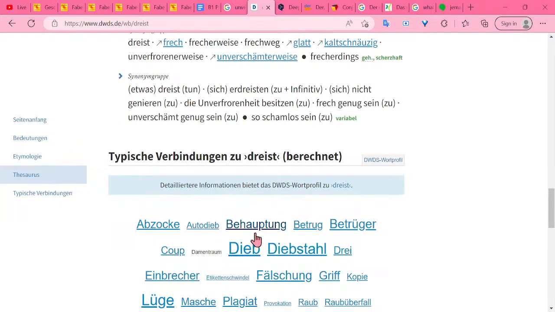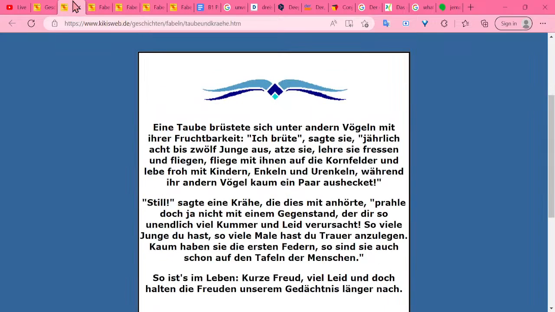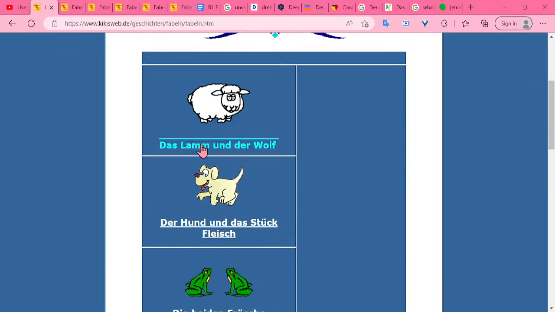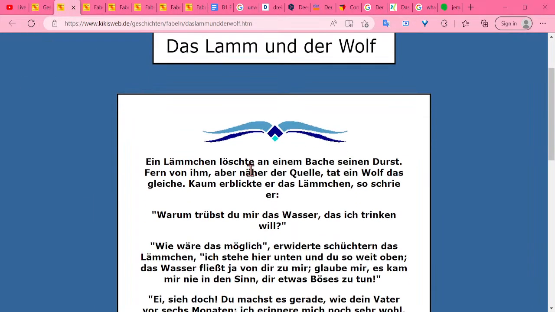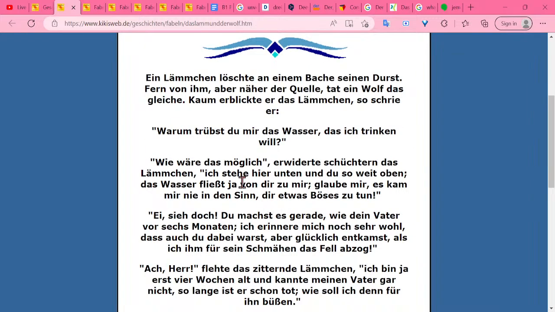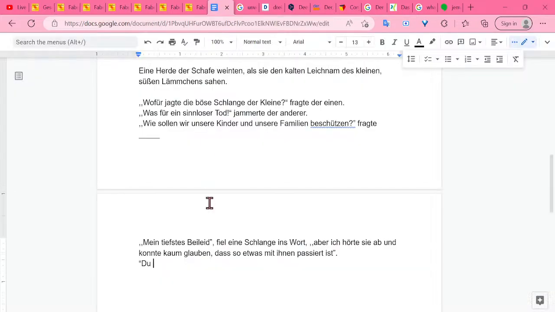Oh wow, related words. Oh, it's the story with the wolf, and yep, I think this is the one. Could be wrong though. Oh yes, exactly. Where is it? Du Unverschämter. Yes. Du Unverschämter. You. Perfect. I was right.